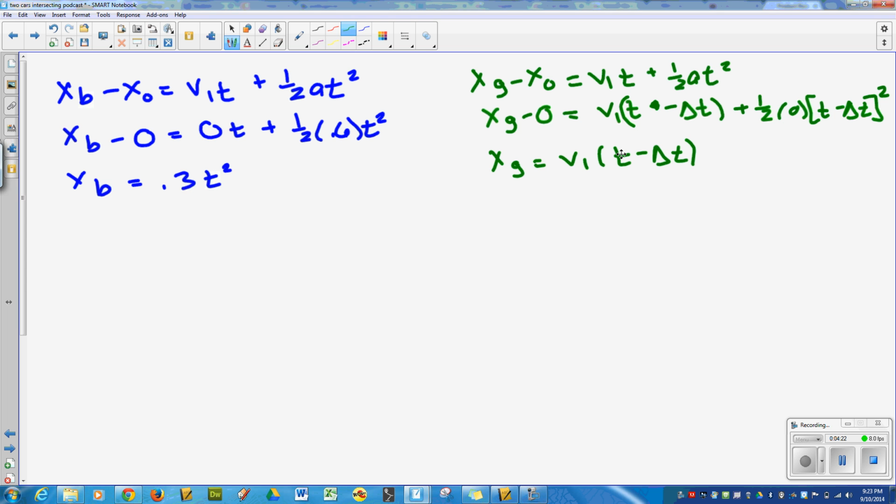Like this. Okay. What I want to do is set these equal to each other, because I want to solve for when they are the same position at the same time. So I get 0.3 t squared equals v t minus delta t.